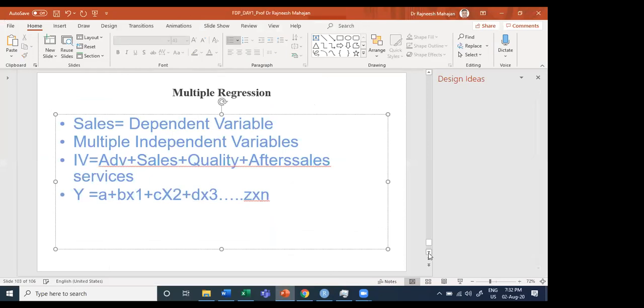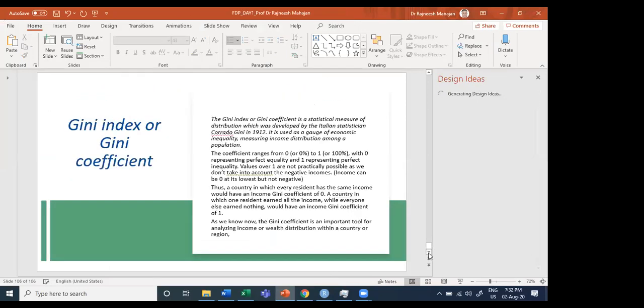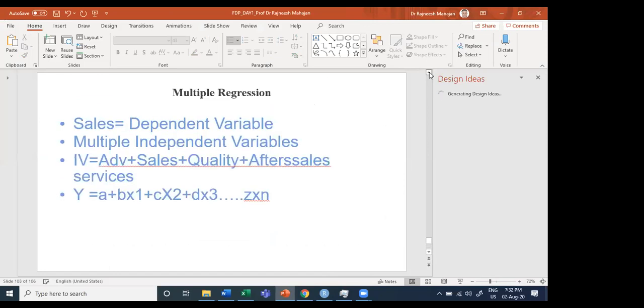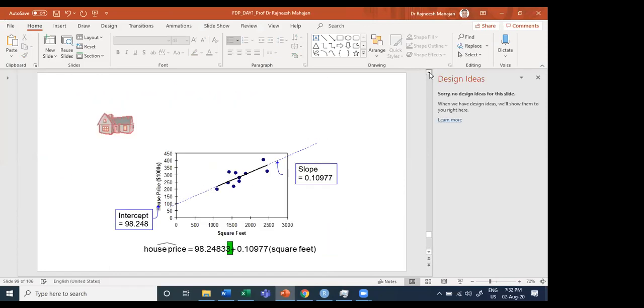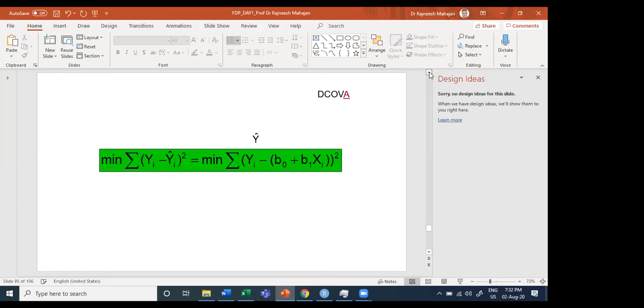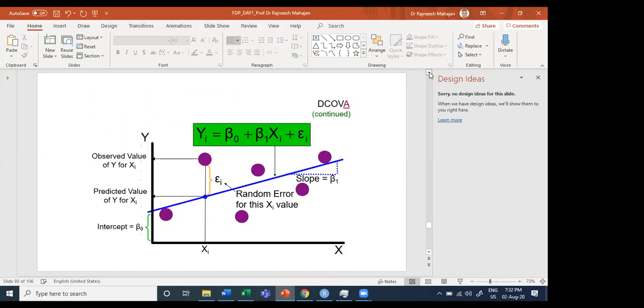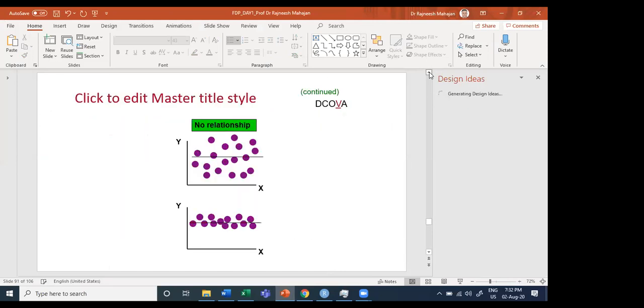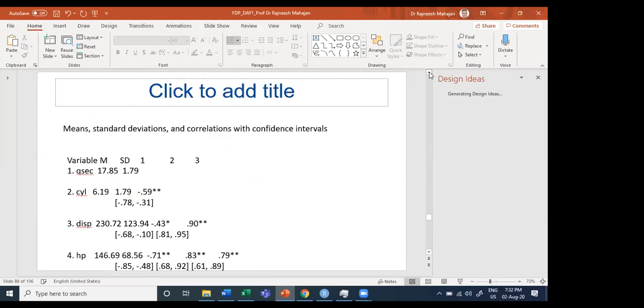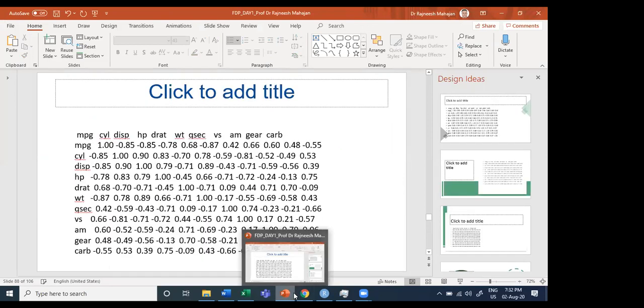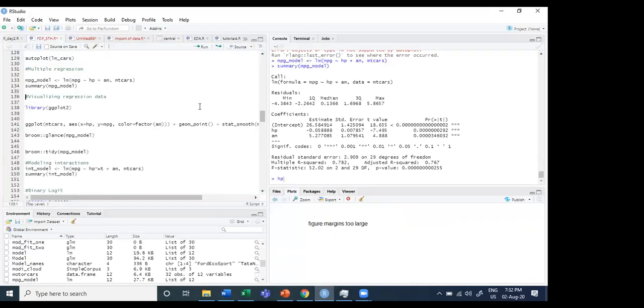Now let's go to a little bit more detail of this, where we talked about multiple regression. Okay, so this is the impact, which talks about the intercept. This is the estimated value, intercept 26.5.